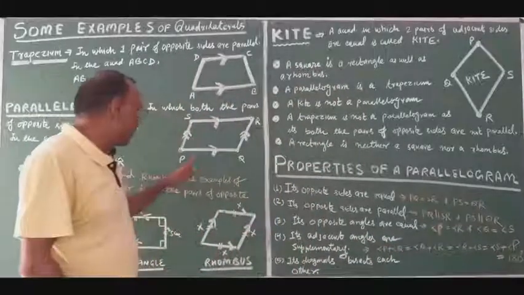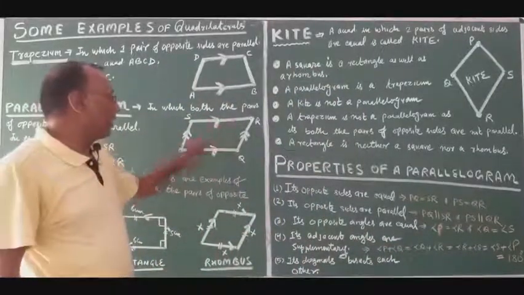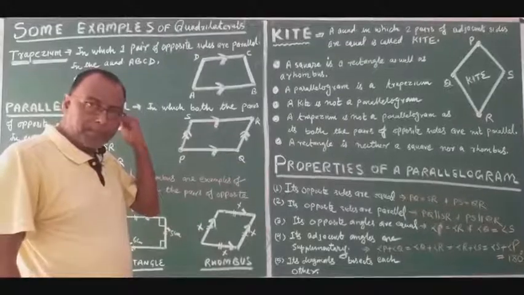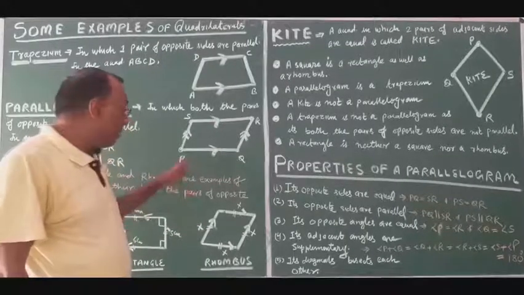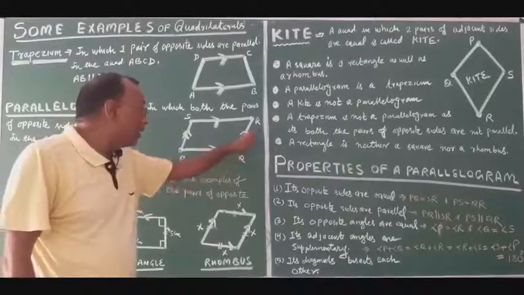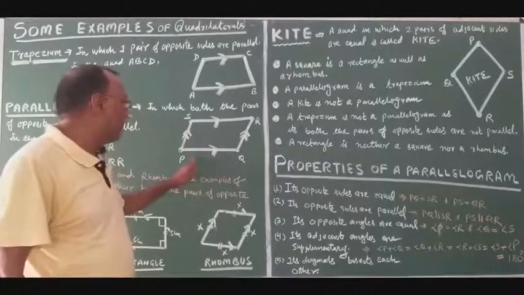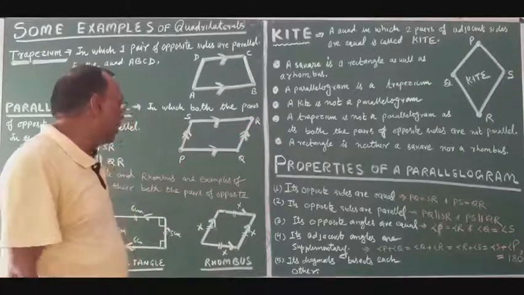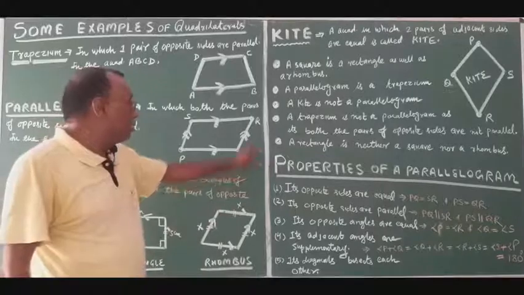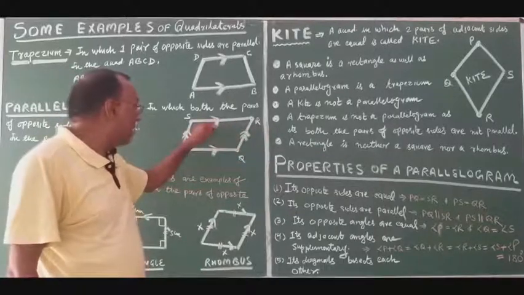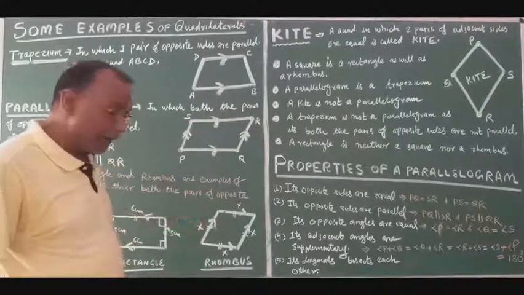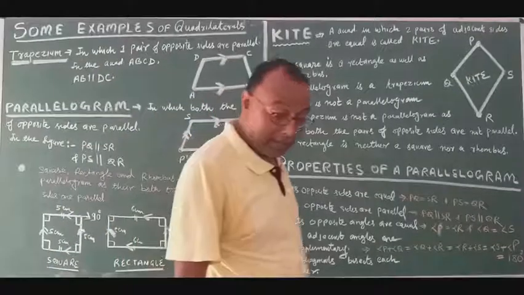Suppose this is the figure PQRS. What is the first pair of adjacent sides? PQ and QR. This is the first pair. Second pair, QR and RS. So these are the pairs of adjacent sides. What happens in a kite?